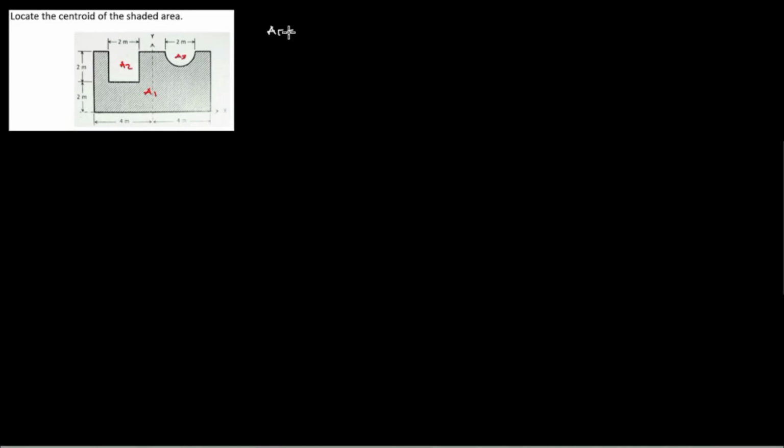Area total is equal to area 1, which is the whole rectangle, minus area 2, which is the square, and minus the shape of the half circle, or area 3.